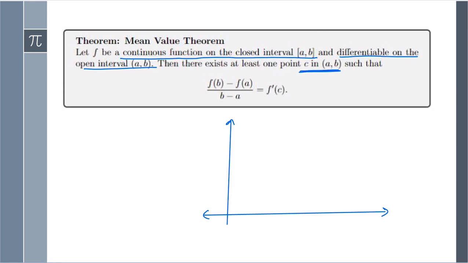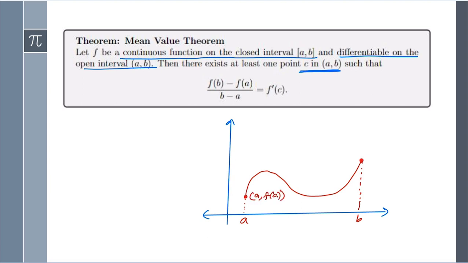Okay, let's say we have a function. Let's say this is a, this is b. Now let's see, what does this mean, f of b minus f of a? So this is a, that means this point here is (a, f of a).